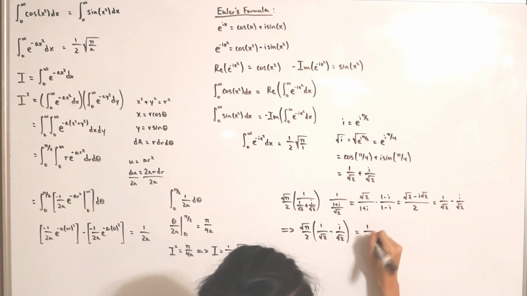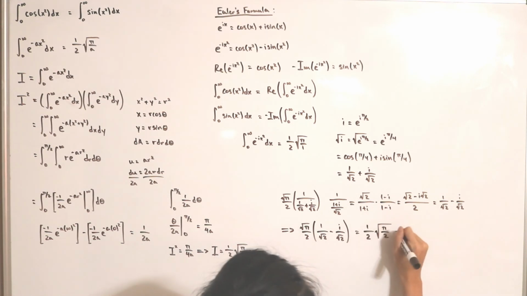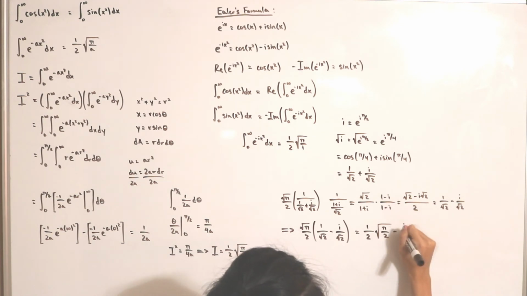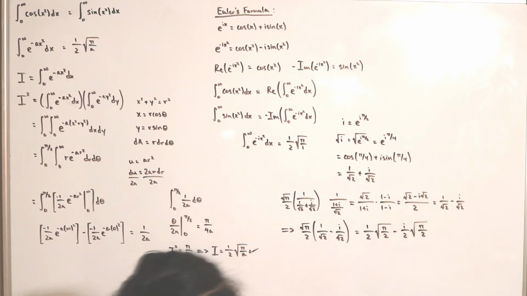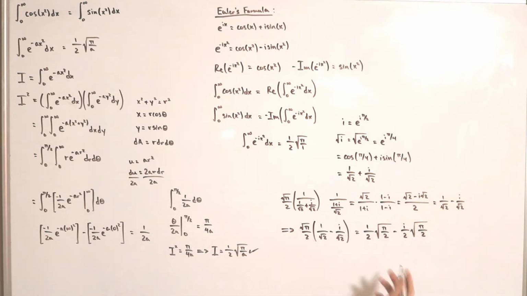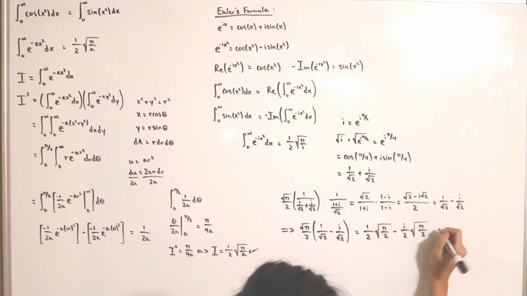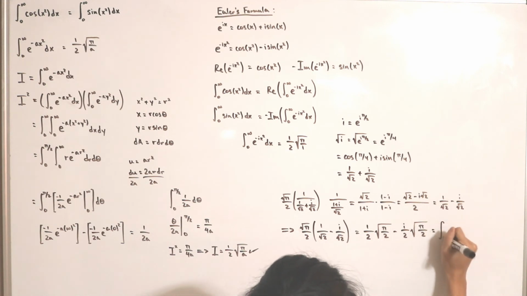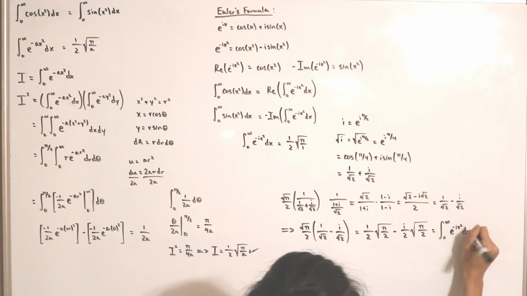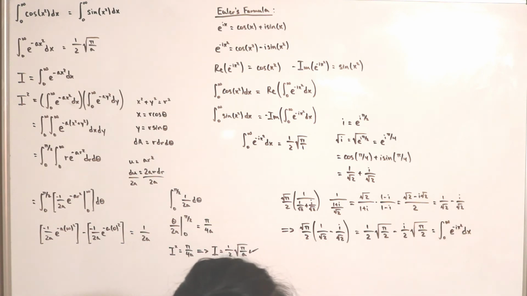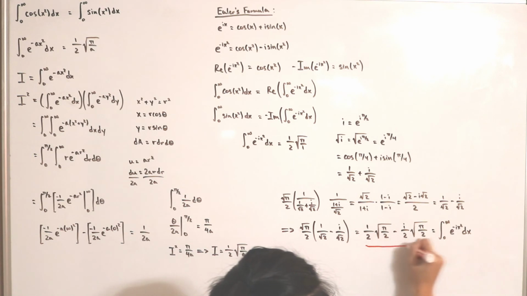So this is 1/2 the square root of pi divided by 2, minus i times 1/2 the square root of pi divided by 2. Now that we have this, like I said, this is equal to the integral from 0 to infinity of e to the negative i x squared dx. Let me underline this in red.